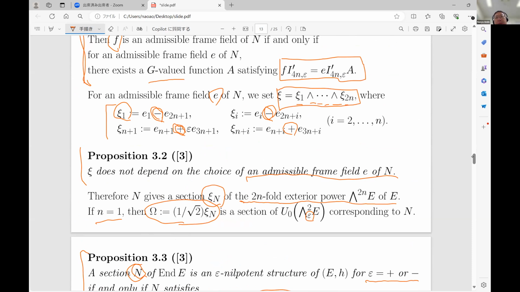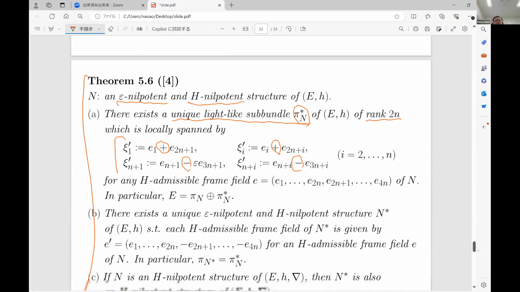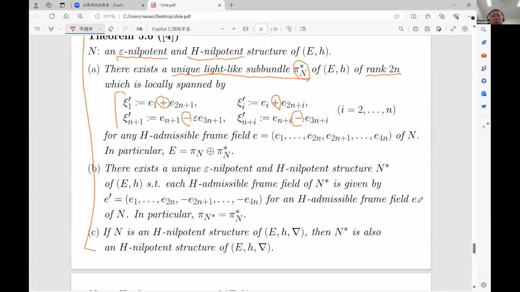Xn plus I is given by En plus I plus E3n plus I. Notice these signatures. Small e is any H admissible frame field of N.